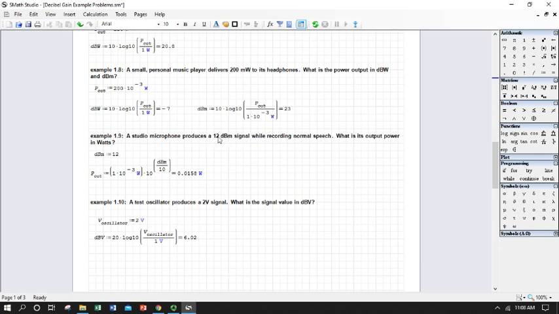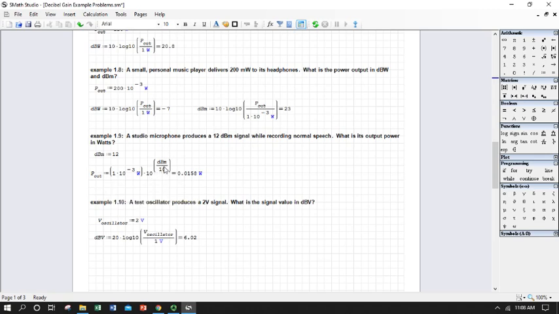So 12 is going to be equal to 10 times log base 10 of the output power divided by 1 milliwatt. I can rearrange what I just said and solve for power out over power in by raising that dBm number over 10, putting it in the exponent, raising 10 to that.